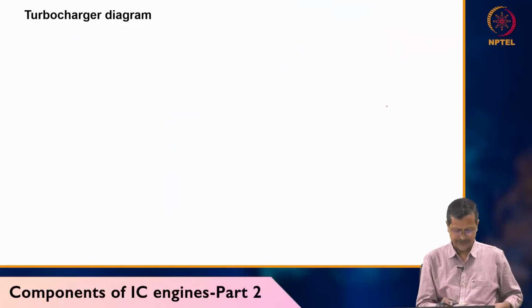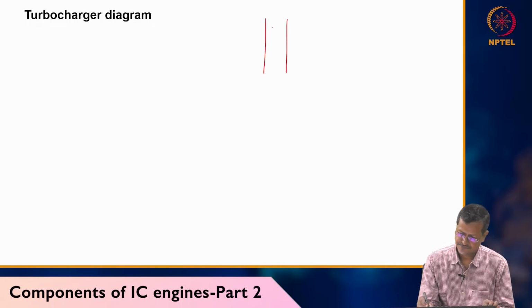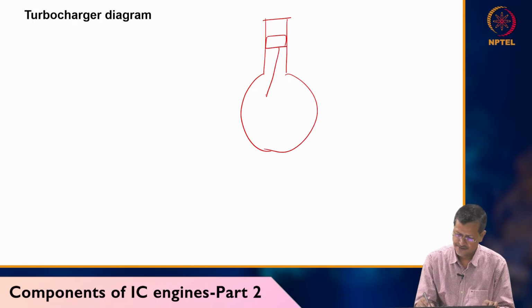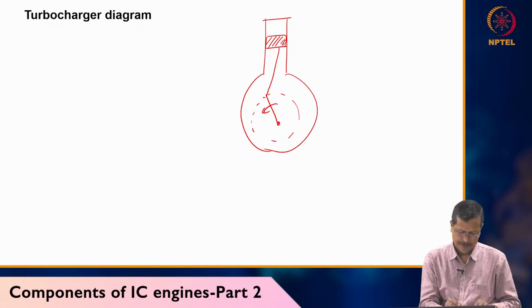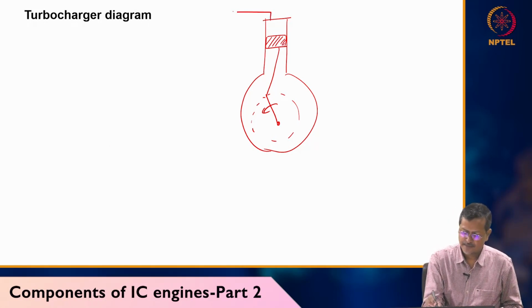Okay, so turbocharger, how does it work? Like say you have one engine. Okay, I have one piston, crank. So it will be rotating and my piston is here. Now exhaust gas whatever we are getting, I'll be putting into a compression system.